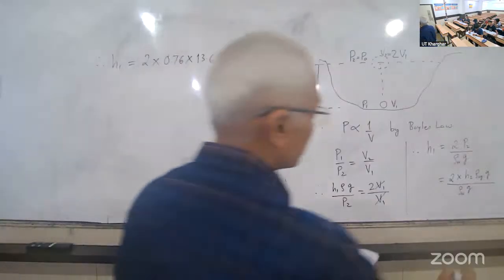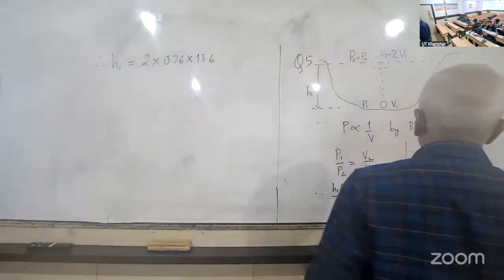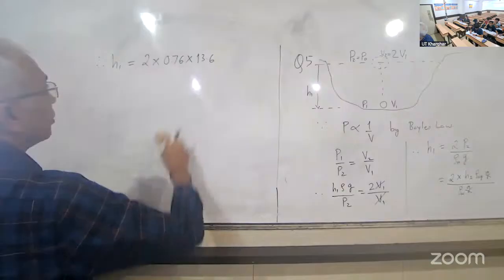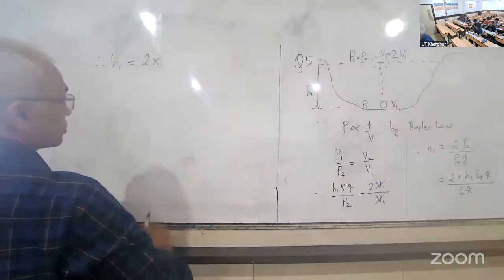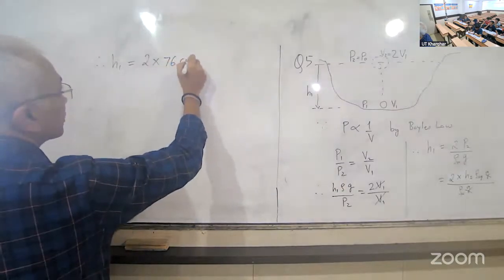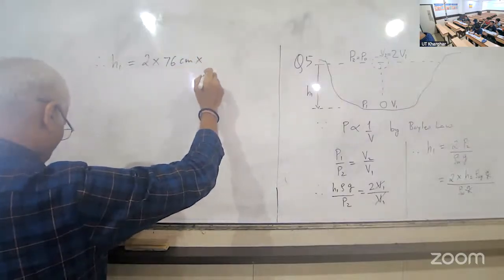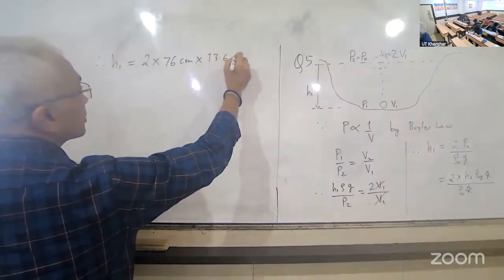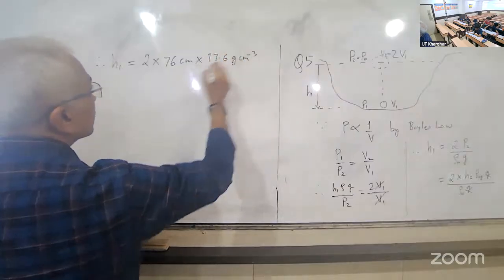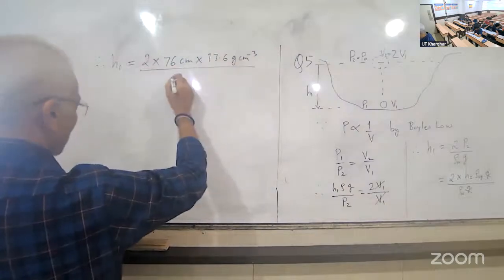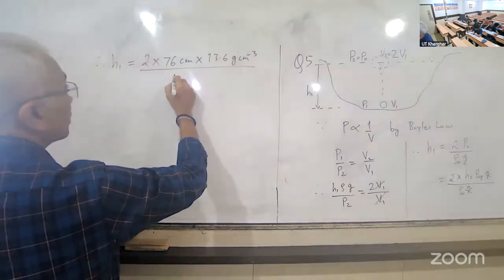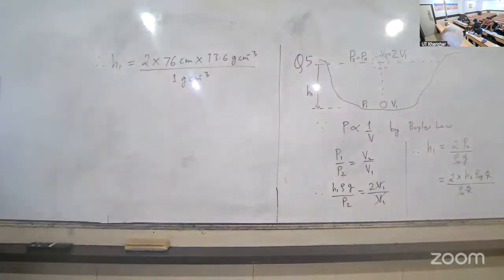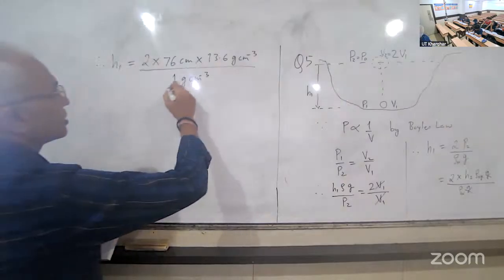G will get cancelled. All data you can keep in CGS, no issues. Just express the units also. Water density is 1 gram per centimeter cube, so you can cancel this also.